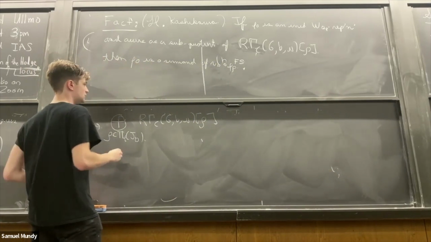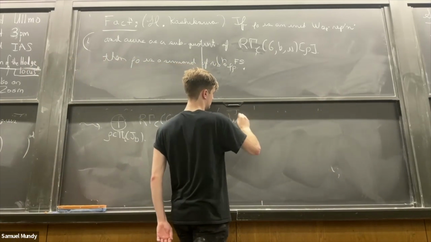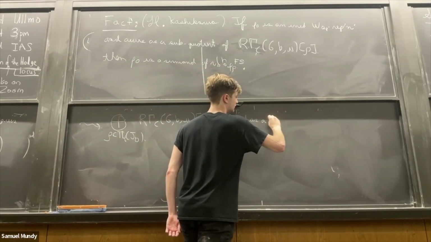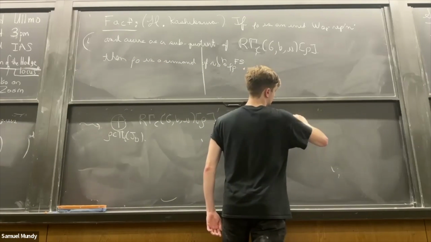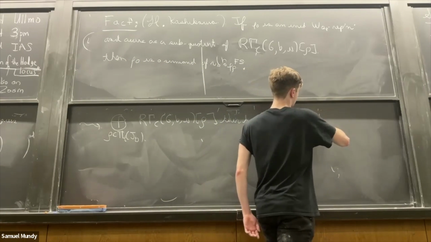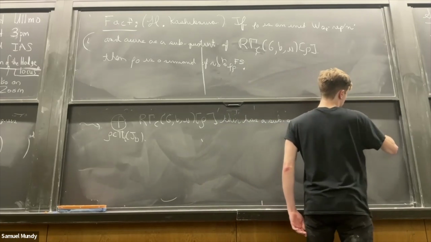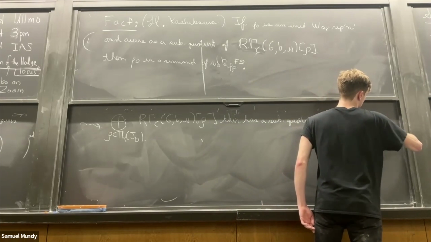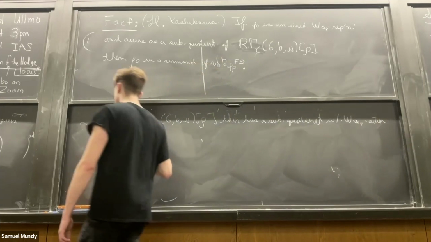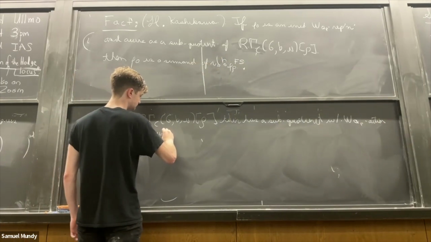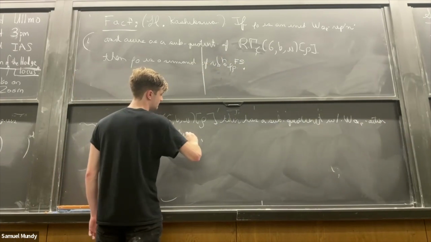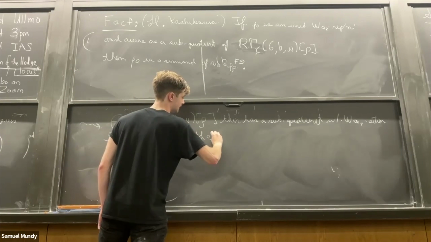And then we're reduced to showing that this has a subquotient with WQP action given by standard composed with the parameter we're interested in.